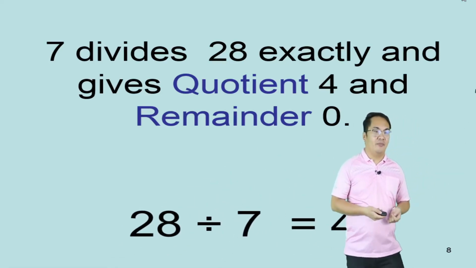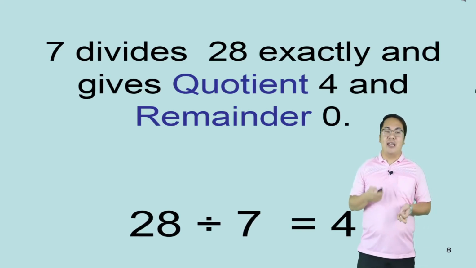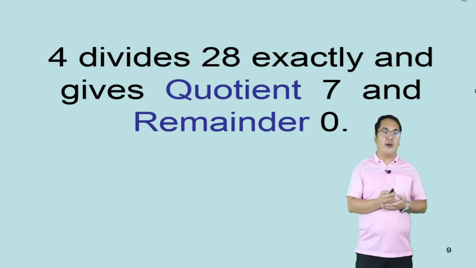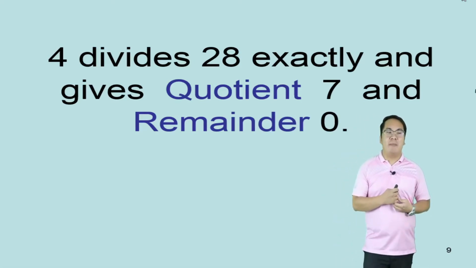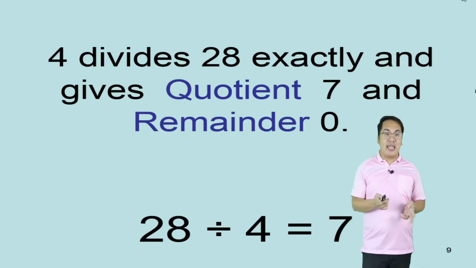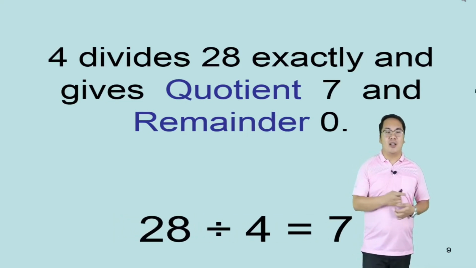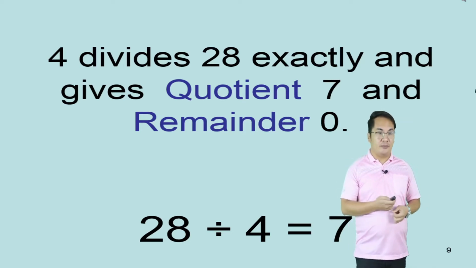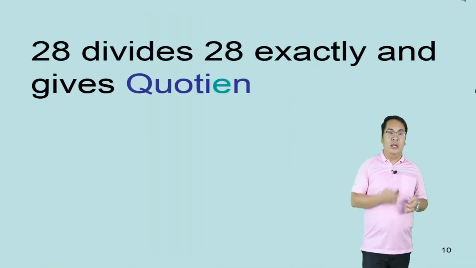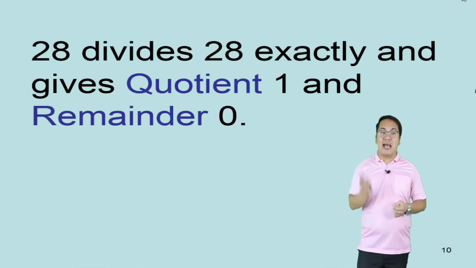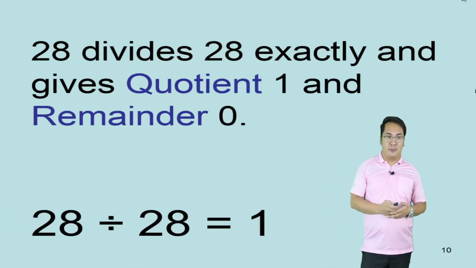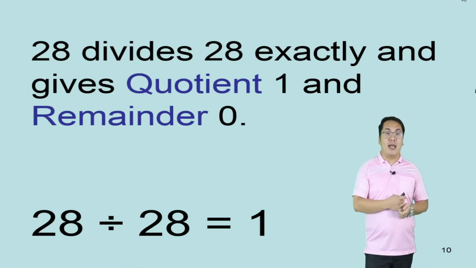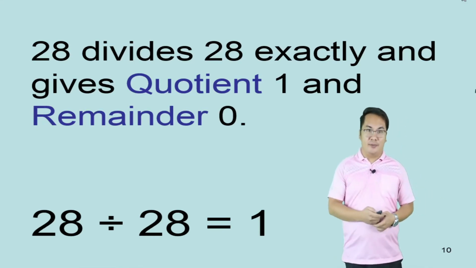Alright? 28 divided by 4 is equal to 7. 4 divides 28 exactly and gives the quotient of 7 and remainder 0. 28 divides 28 exactly and gives the quotient of 1 and remainder 0. So we can say 28 divided by 28 is equivalent to 1.